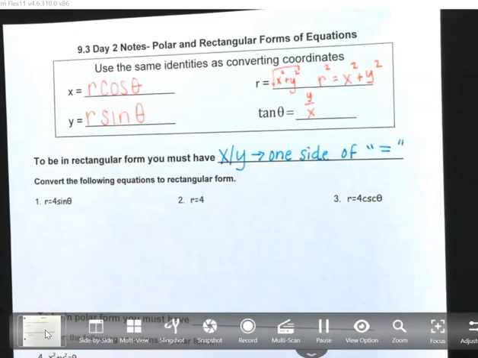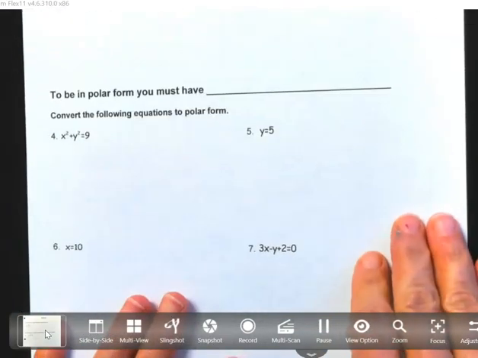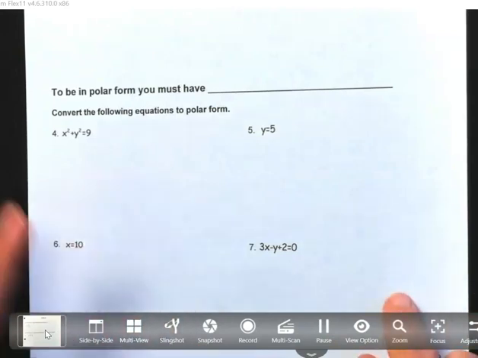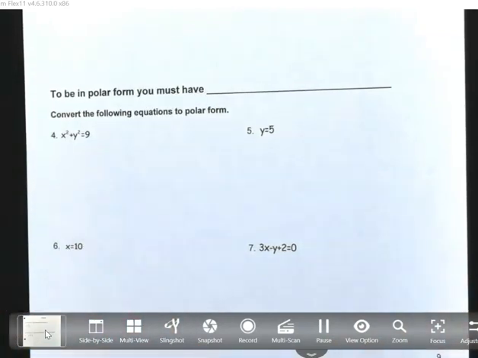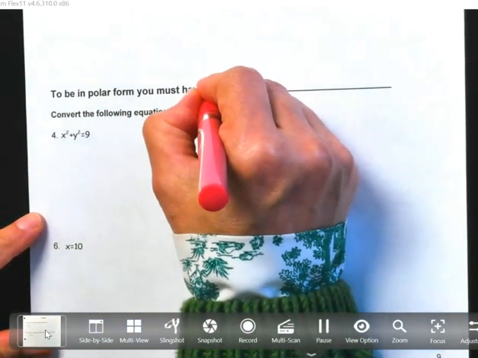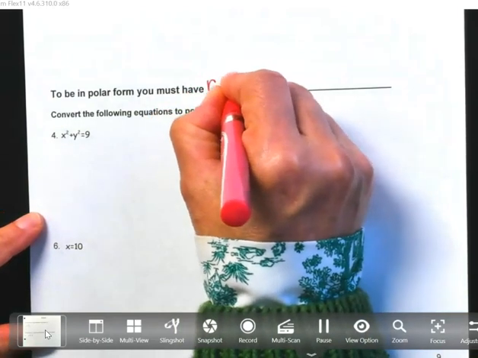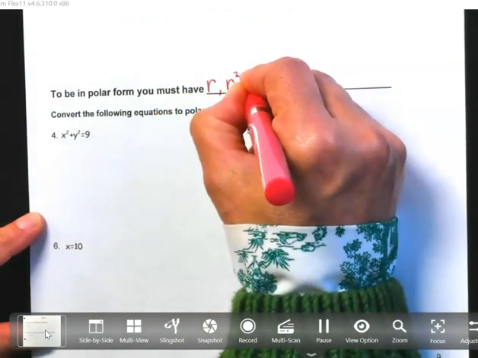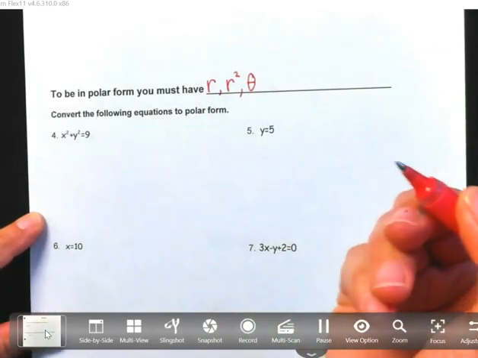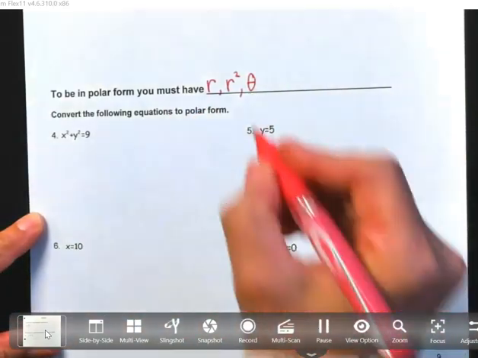And then down here, we're going to take what it would look like on an Inspire and write it in polar form. But guys, down here it could be r. It could be r squared. You might have just plain theta equaling something. It could be a combo.